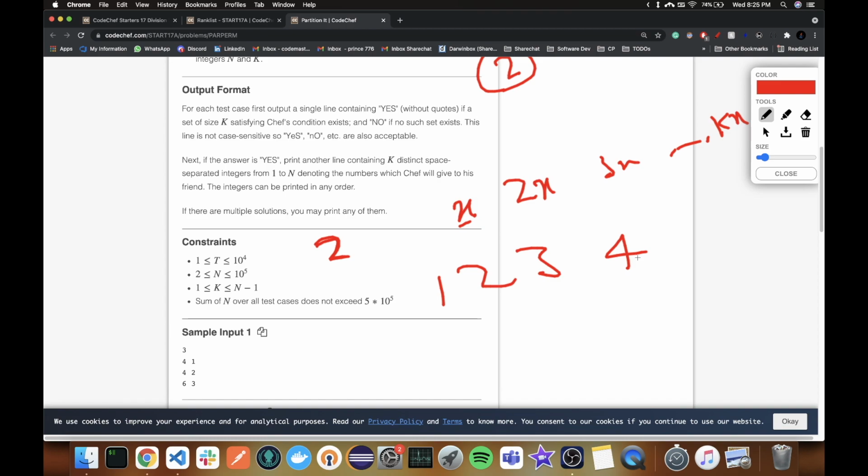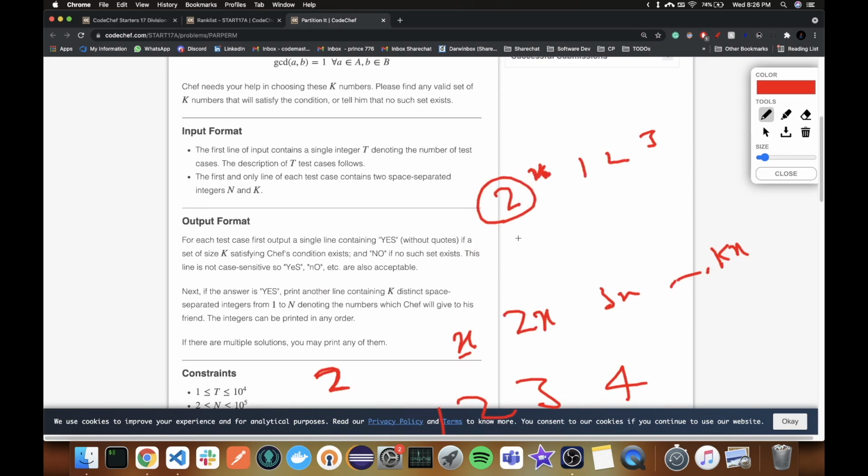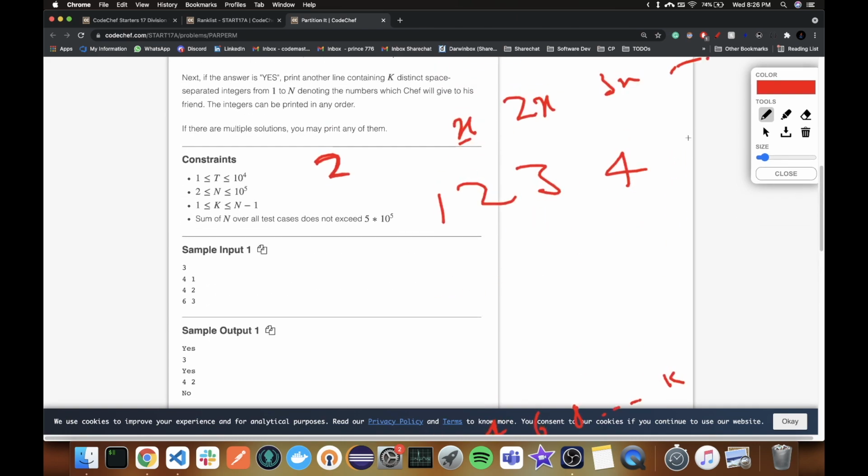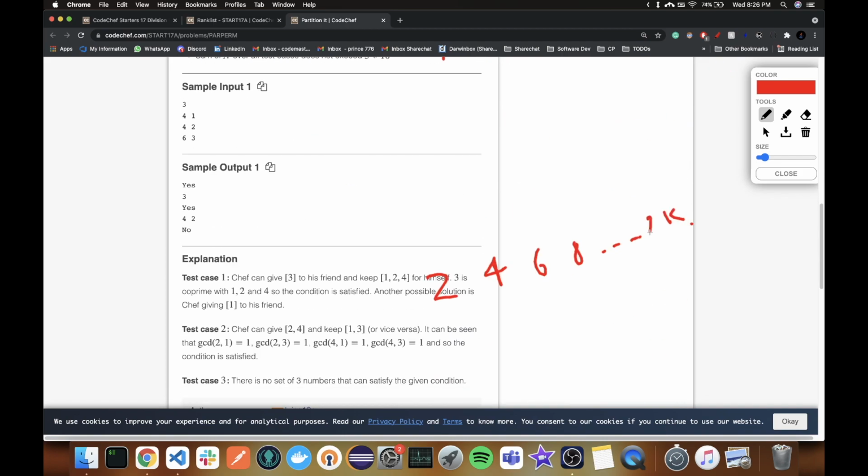I got it, I think so. If I am choosing 2, then I'm choosing 4, 6, 8, something like k times 2. That means it's a multiplier of 1, multiplier of 2, multiplier of 3, multiplier of k.